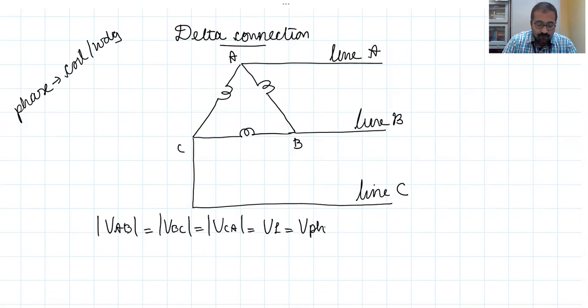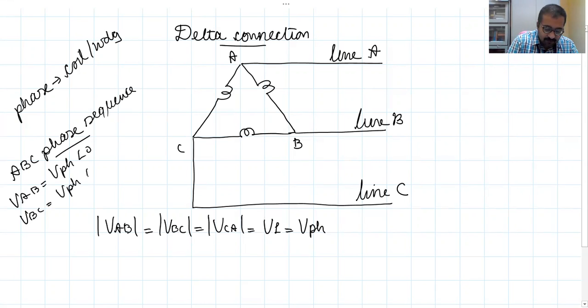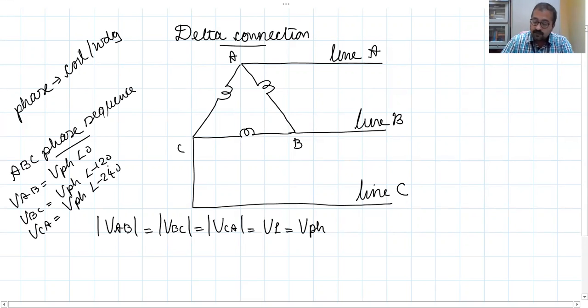Now if we assume ABC phase sequence, what will be your VAB? Your VAB will be VPH angle 0, VBC will be VPH angle minus 120, and VCA will be VPH angle minus 240. Again, you can represent them in phasor form.